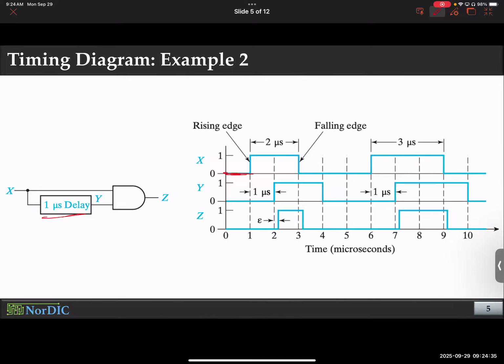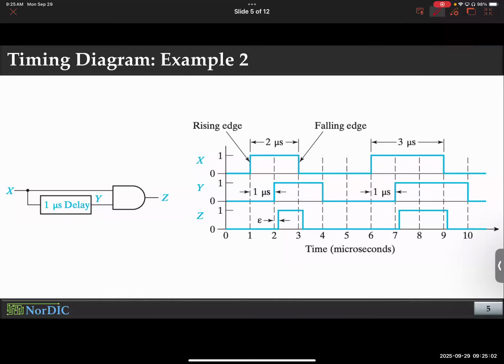So this is your input X, which is transitioning from 0 to 1 and so on. So it is transitioning like this. Let's see what happens to Y. We assume that there is a 1 microsecond delay between X and Y. So notice Y will be exactly like X because it is essentially a copy of X, but it is shifted by 1 microsecond. Okay, that's how we designed it.